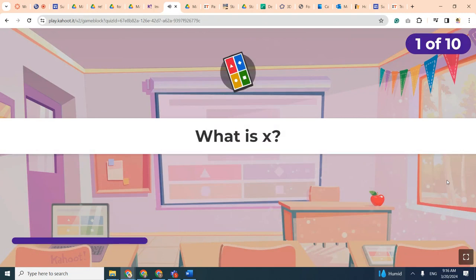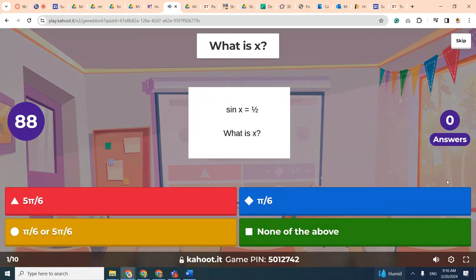And questions. What is x? Sine x is 1/2. It actually has more answers. Look at all of them.